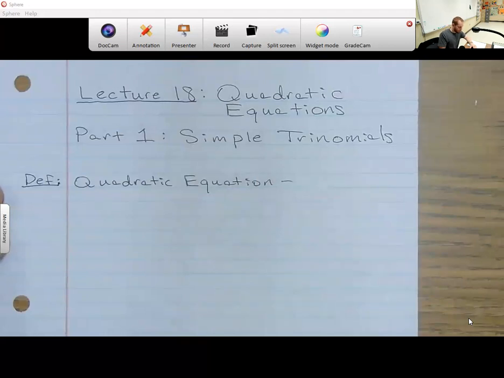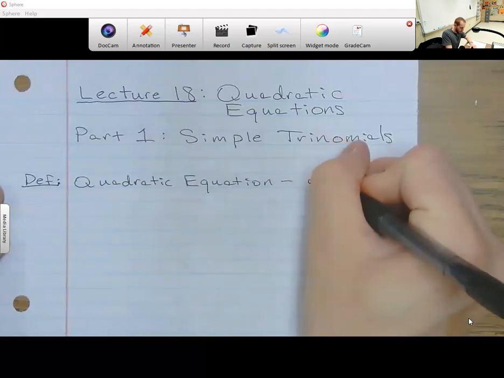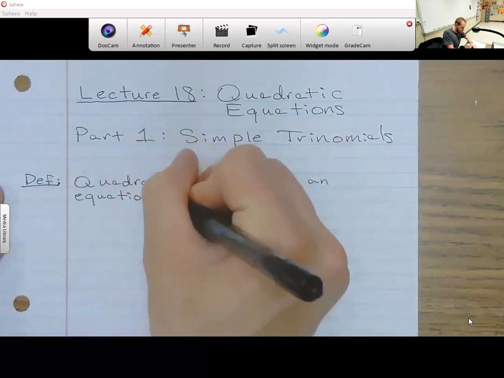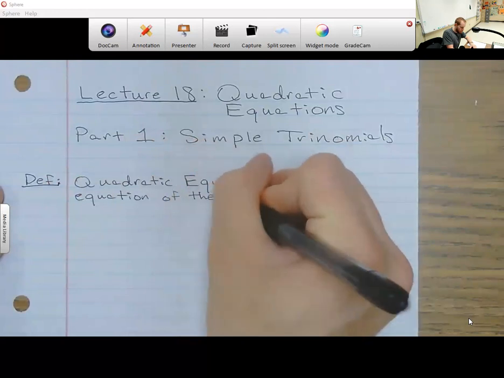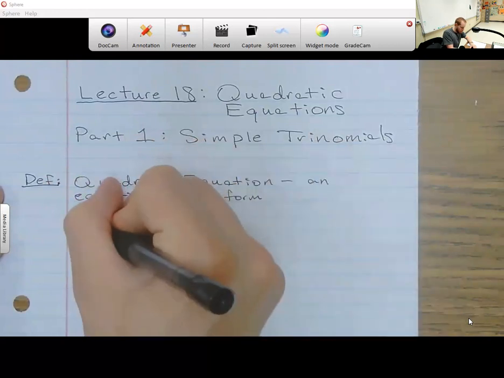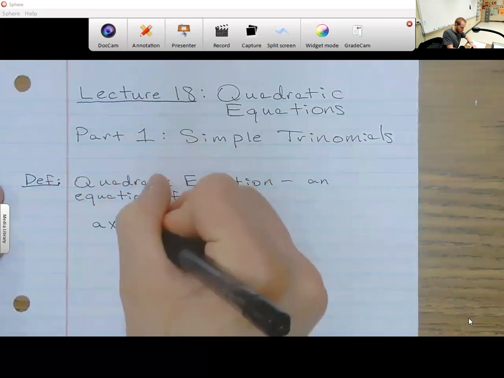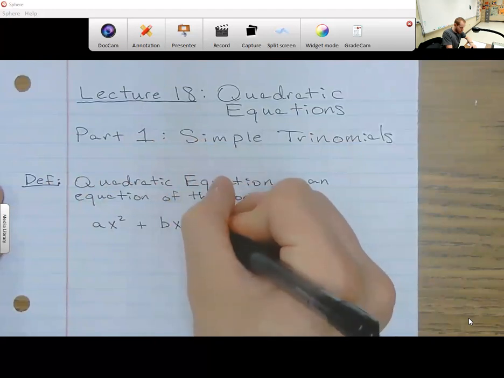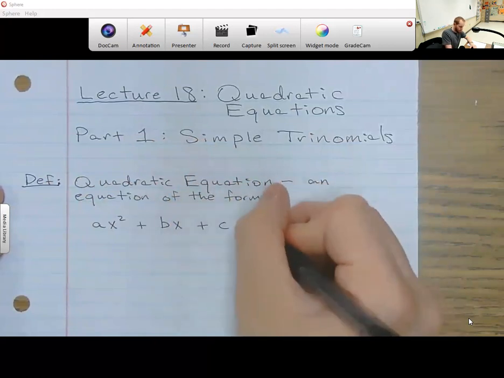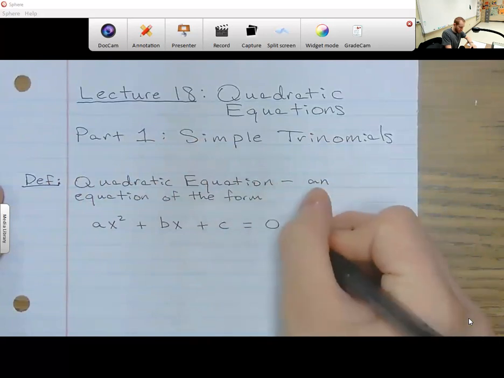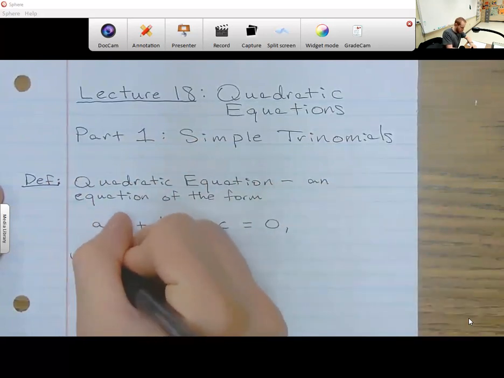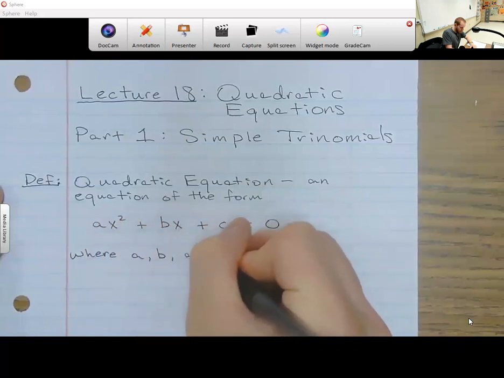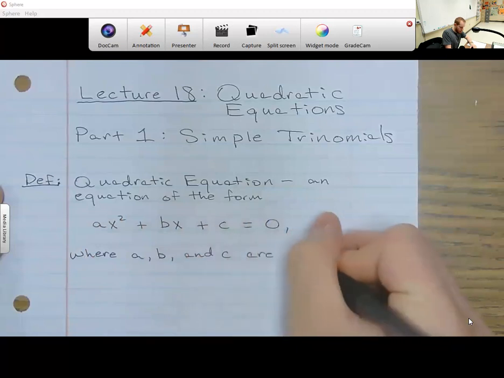Okay, a quadratic equation is an equation of the form ax squared plus bx plus c equals 0, where a, b, and c are real numbers.